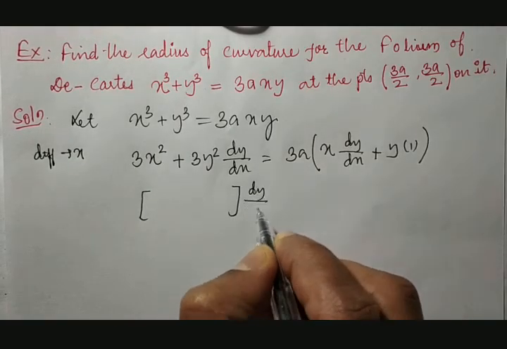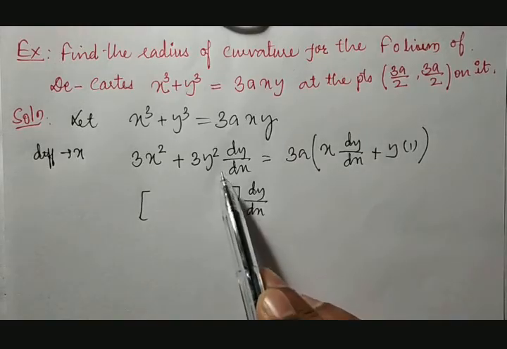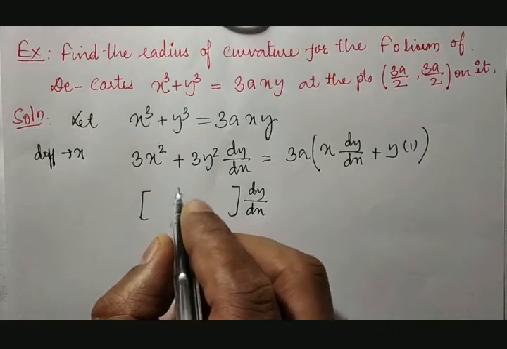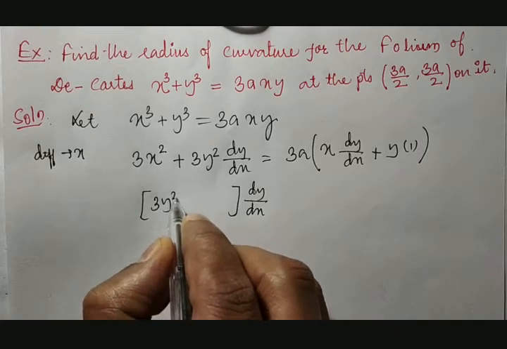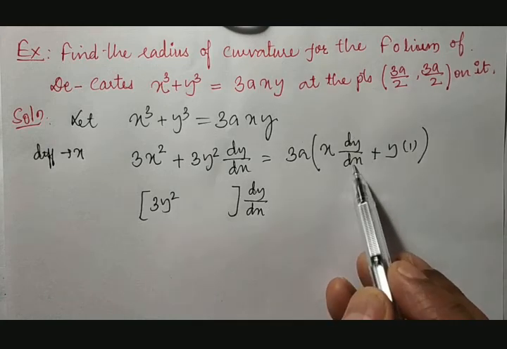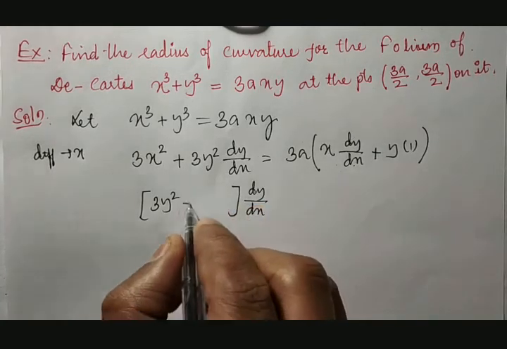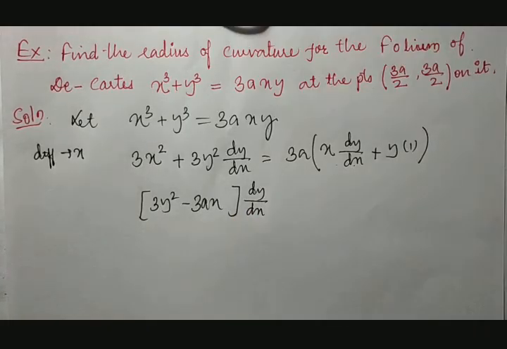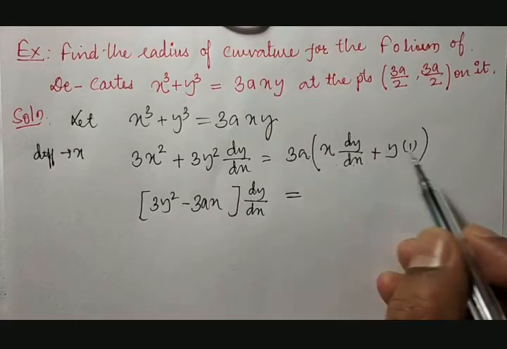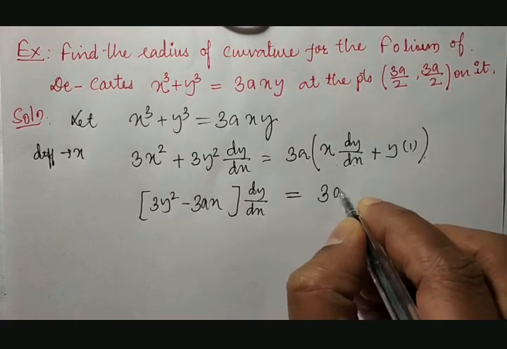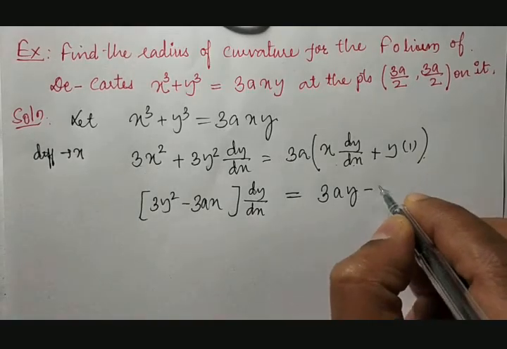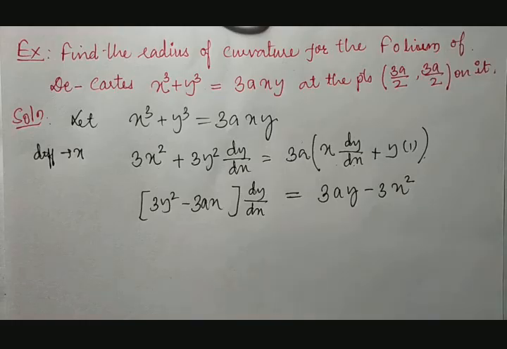Keeping the other terms in bracket, we get 3y square into dy by dx, minus 3ax into dy by dx, equal to 3ay, and the 3x square goes to the other end, becoming minus 3x square.